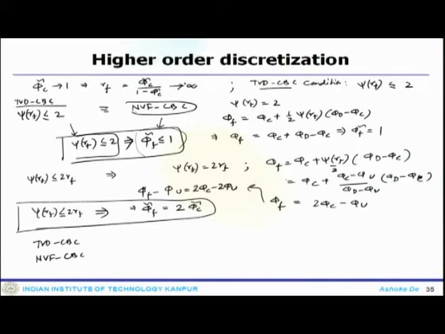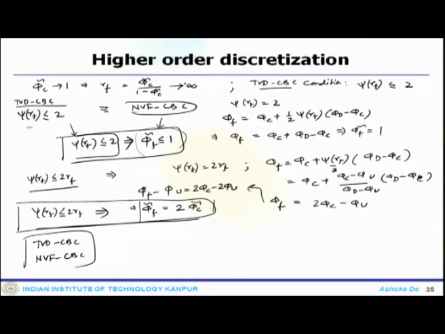We have imposed all these conditions of the TVD CBC one by one, like psi RF less than 2 RF, that is one condition in TVD CBC.